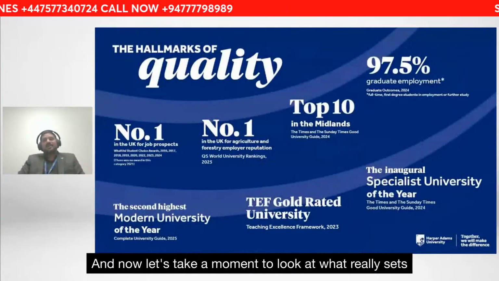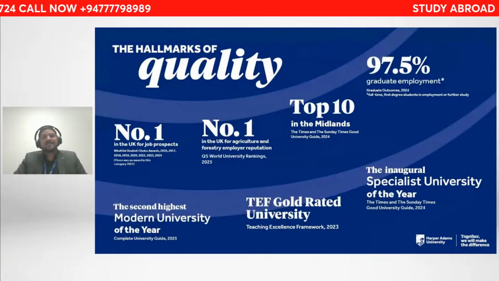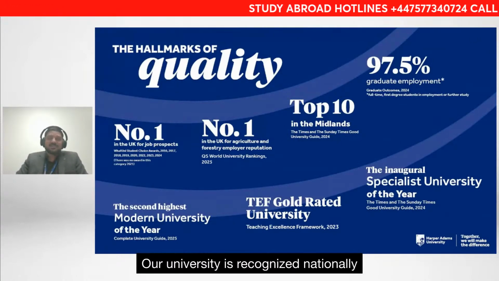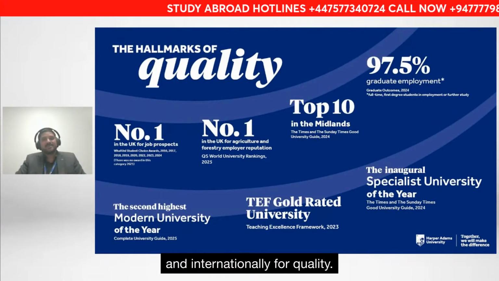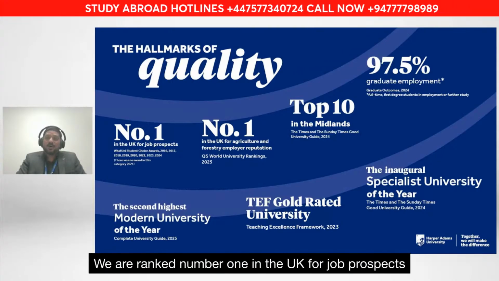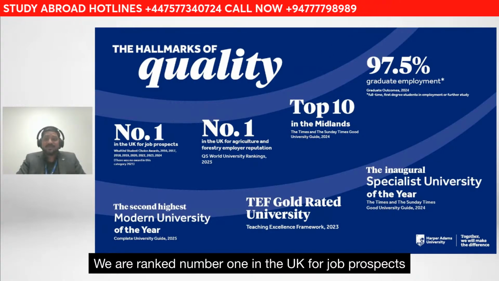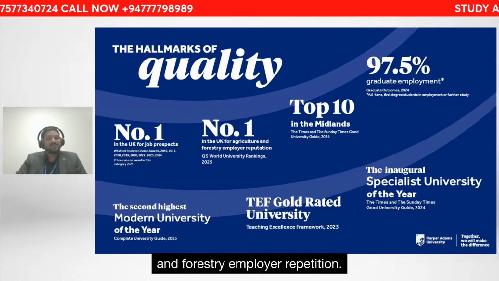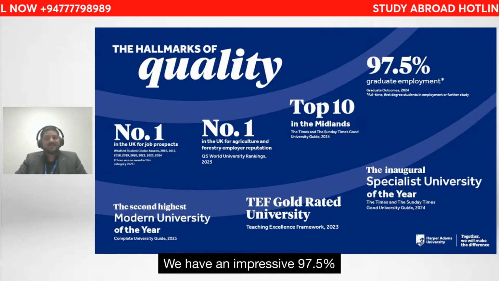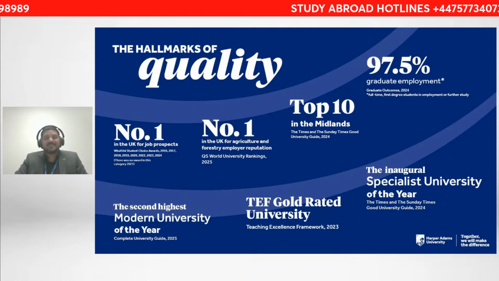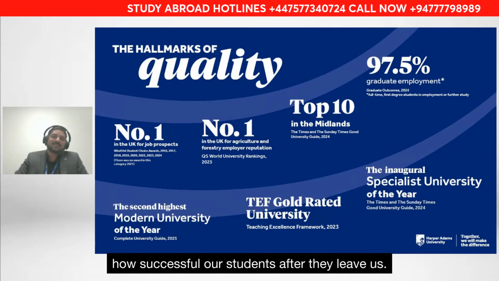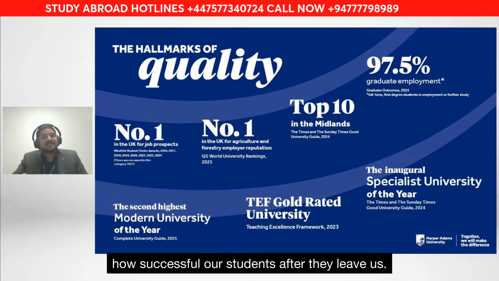And now let's take a moment to look at what really sets Harper Adams apart. Our university is recognized nationally and internationally for quality. We are ranked #1 in the UK for job prospects and also #1 for agriculture and forestry employer reputation. We have an impressive 97.5% graduate employment rate, showing just how successful our students are after they leave us.